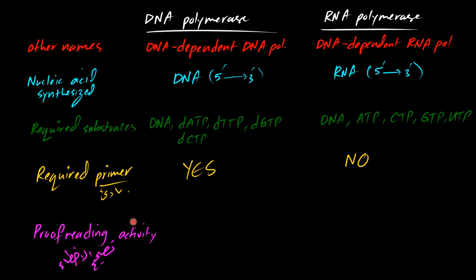They might add the wrong nucleotides. DNA polymerase can correct mistakes. So the DNA polymerase has proofreading activity, while the RNA polymerase does not have this activity. Of course, there are other major differences between both enzymes, but we're not going to discuss them today.